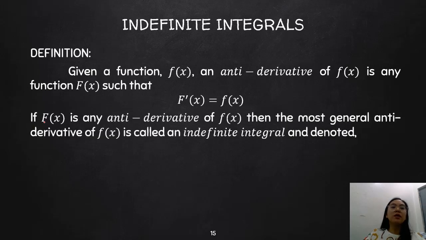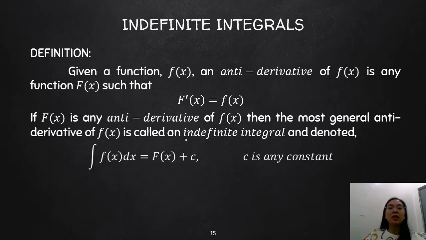So, if capital F of x is an antiderivative of f of x, then the most general antiderivative of f of x is called an indefinite integral and usually is denoted by this symbol. So, yan po. So, the integral of f of x dx is equal to F of x plus c, and c is any constant.